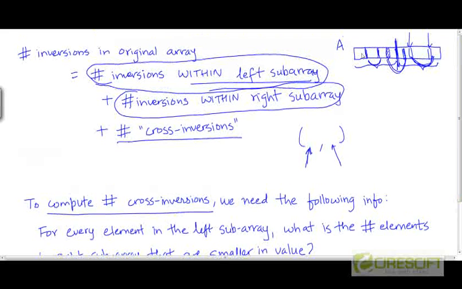Let's say I take this particular element. If there are 5 elements here that are smaller than this element, I know that there will be 5 inversions created by this element. When I combine this element with each of those 5 elements, I'm going to get 5 inversions.